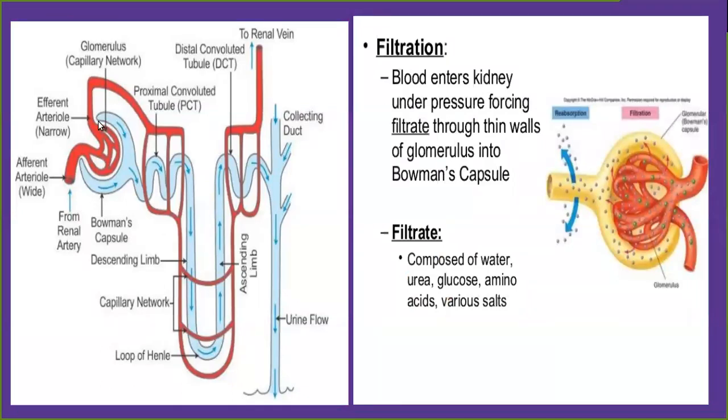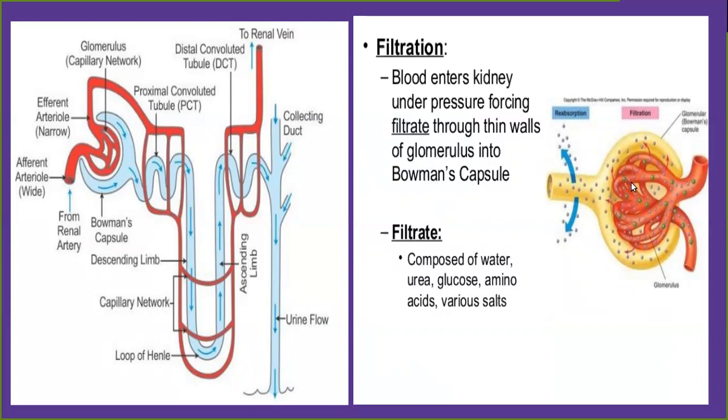This is the Bowman's capsule. Inside the Bowman's capsule, there is a tuft of blood vessels called the glomerulus. This is another, more detailed diagrammatic representation of the Bowman's capsule, and this is the glomerulus. As you know, the blood moves through the glomerulus under high pressure.